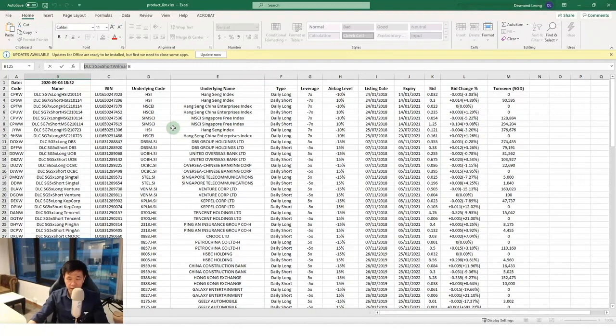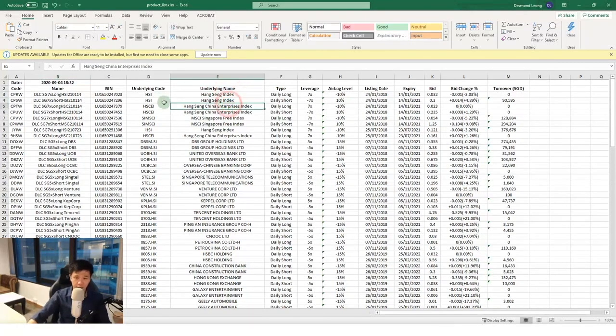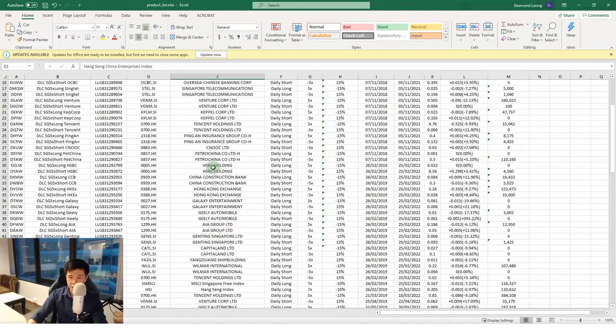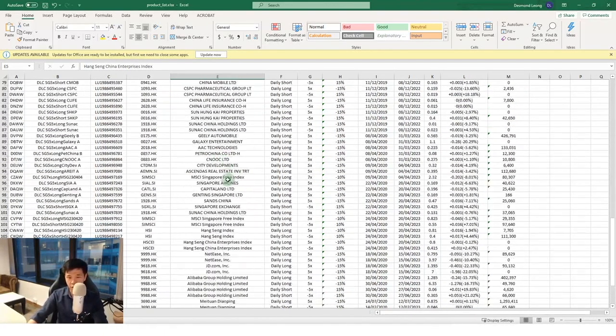When you open it, basically what you'll be seeing is this thing over here. It can look overwhelming and complicated, but what you probably just want to look at is the underlying names over here, and of course the codes, so that if you want to search for them on the investing note, you can easily type in either the underlying name or the underlying code. So I'm looking at here, and there's quite a number of DLCs to trade.